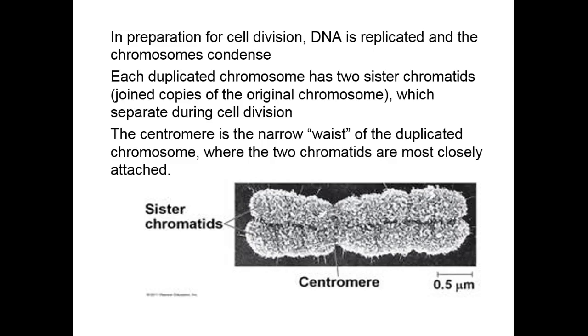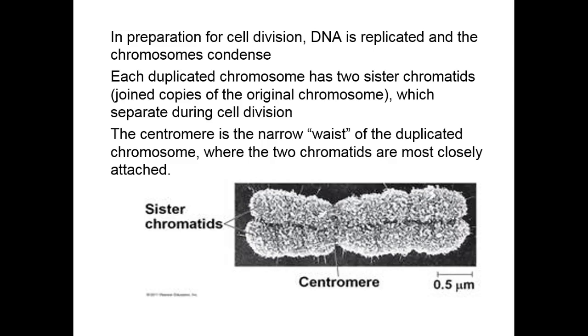Each of the sister chromatids, which is an exact copy, is attached to the other at a narrow waist we call the centromere. That is the narrow waist of the duplicated chromosome where the two chromatids are most closely attached.